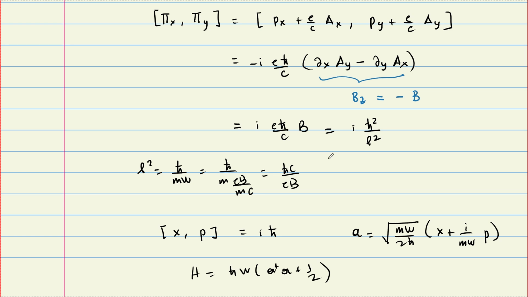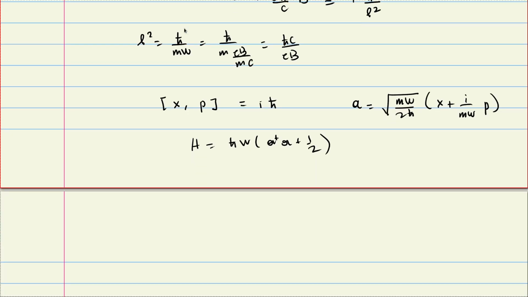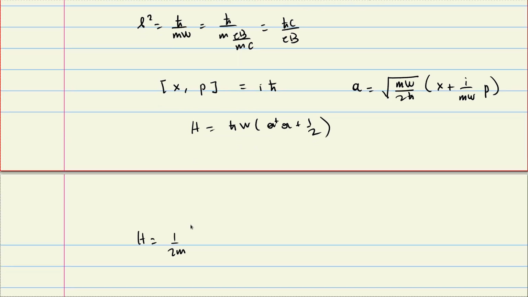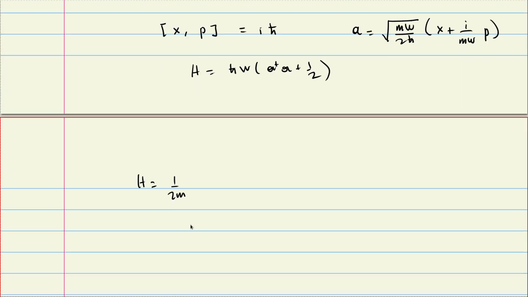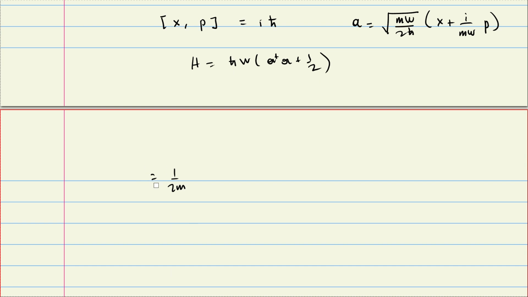So we want to do the same thing but with πx and πy. Let me do that. H is equal to 1 over 2m. Actually, let me just write the result. Let me just write you the definitions.